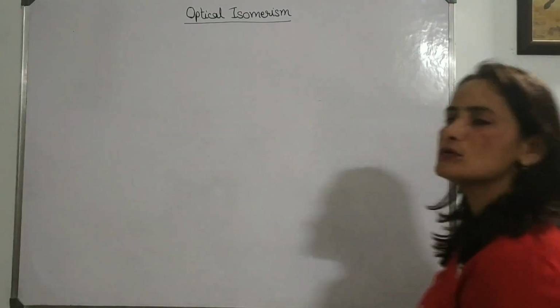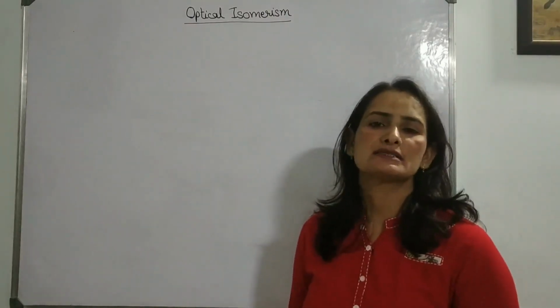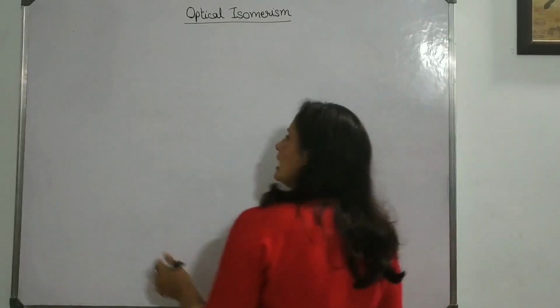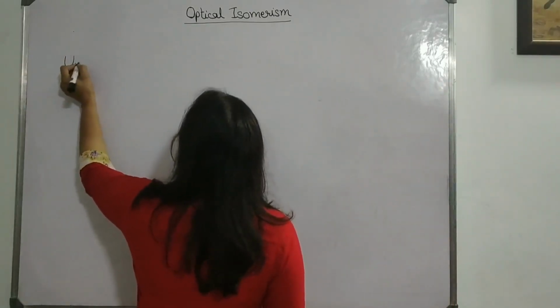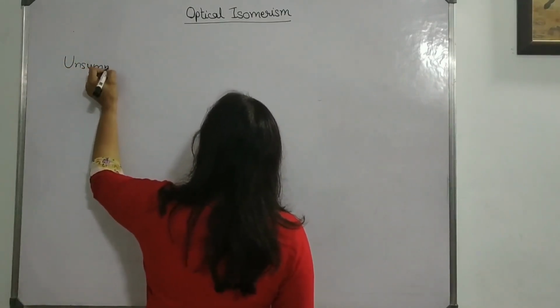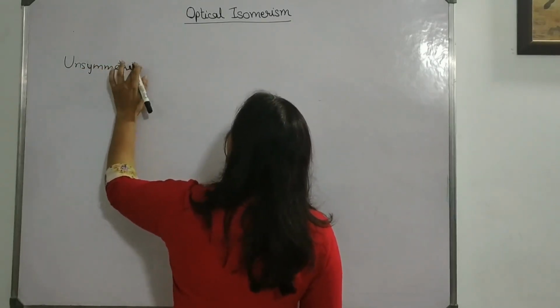And for a molecule to be optically active, one very essential requirement is that the molecule must not be symmetrical. That means unsymmetry is responsible for optical activity.